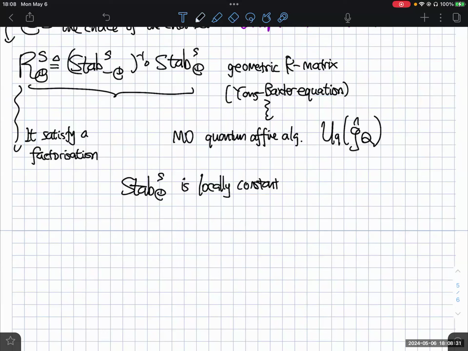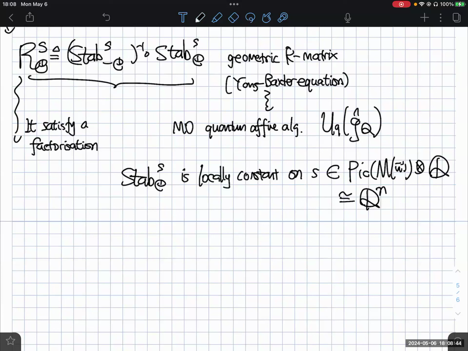It is locally constant on S plus 2. Maybe I should just write it as Qn. It is locally constant on this variable S, and actually we should call it the slope variable. Sorry, the slope parameter.